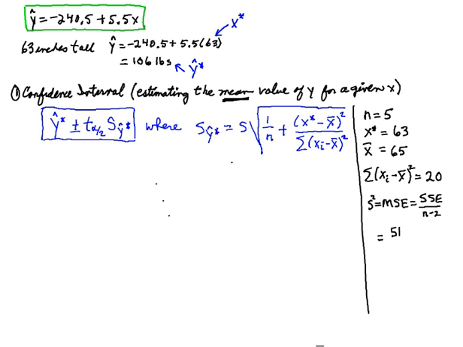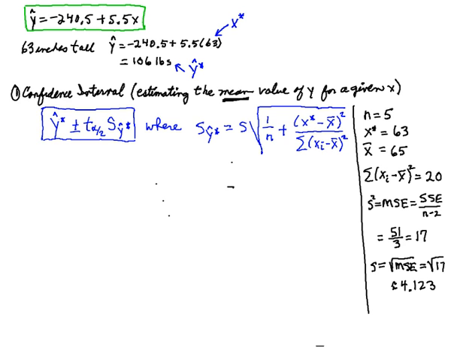That'd be 51 over 3, 5 minus 2, which would be equal to 17. Now s then, which is going to be the square root of MSE, would be equal to the square root of 17, which is approximately 4.123.